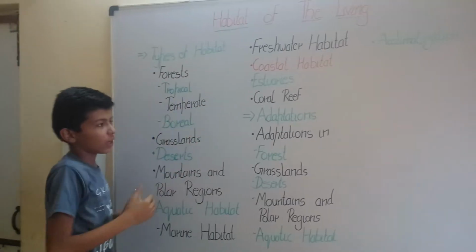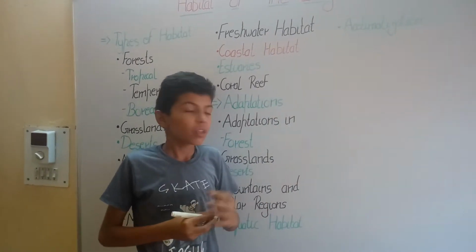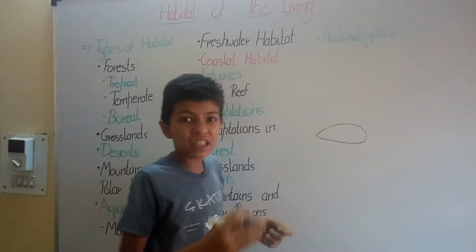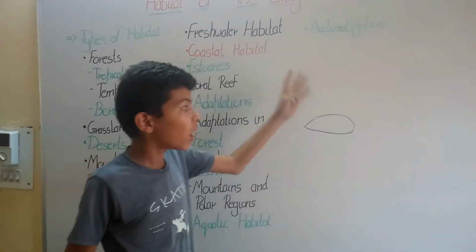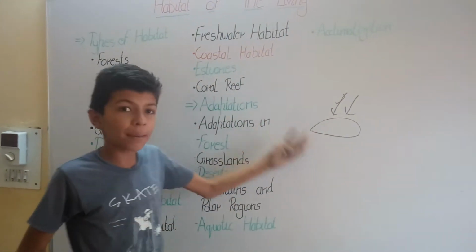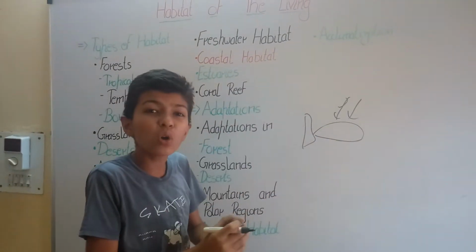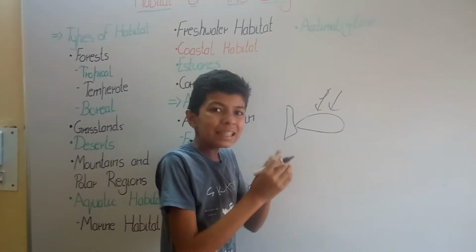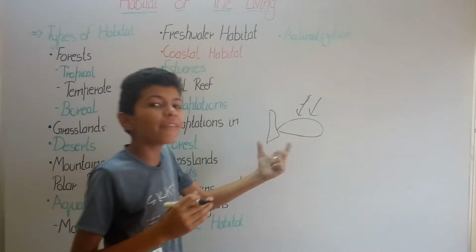Then in the temperate forest, plants have broad leaves which are used for absorbing a huge amount of sunlight. And the trees found here are deciduous. Because of their wood, they cannot bear the winter or the cold climate, so their leaves fall off easily, and this is why deciduous trees are found here.